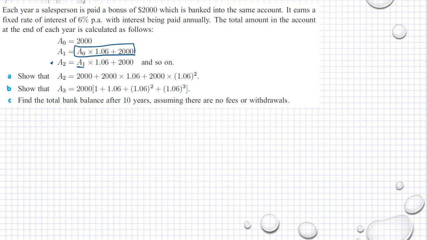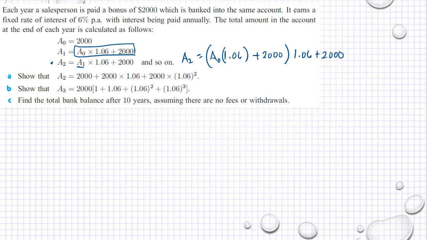So I will put A sub 2 is equal to, instead of putting A sub 1, I will put A sub 0 multiplied by 1.06 plus 2,000, the whole thing multiplied by 1.06 plus 2,000.